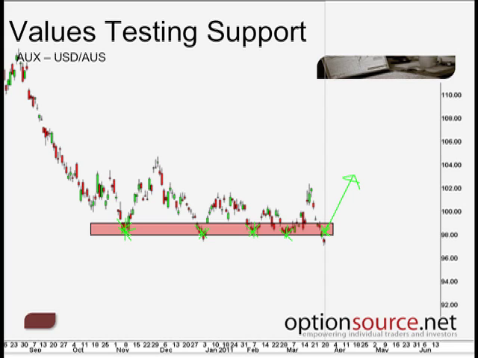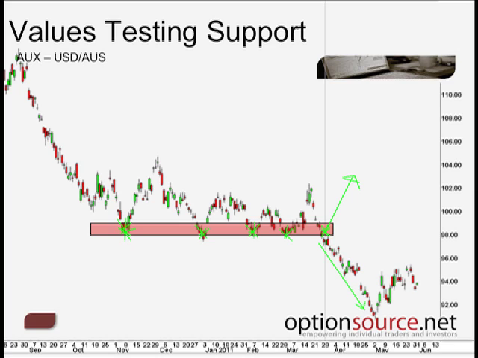But what could happen is that if that support gives way, ultimately, we're in trouble. Or in the case of the chart, we see a continuation of the downtrend.